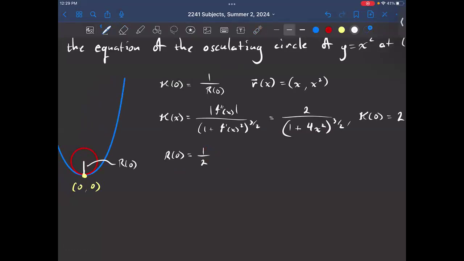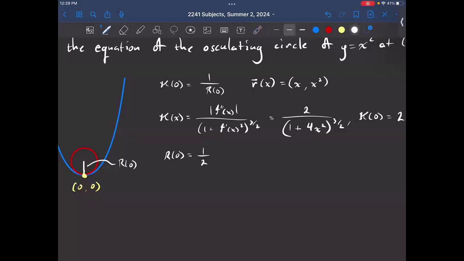All right. Well, the circle is supposed to be tangent to the curve, and that means that the normal vector to the curve is pointing straight up, and we need a point 1/2 away, so we simply add 1/2 to this coordinate.